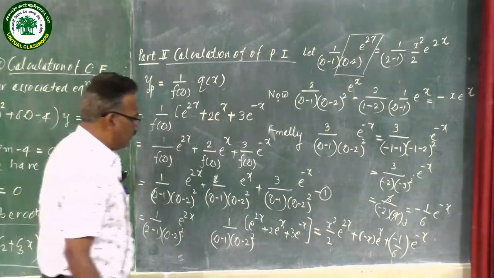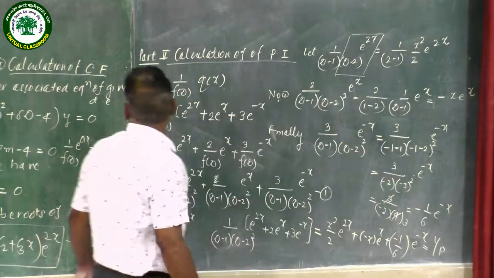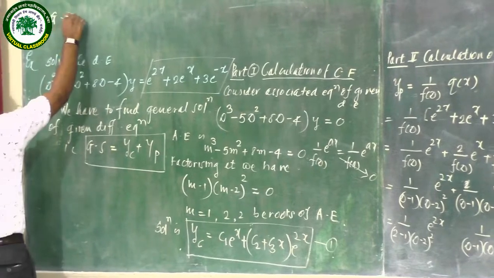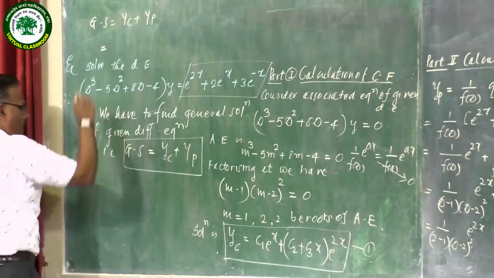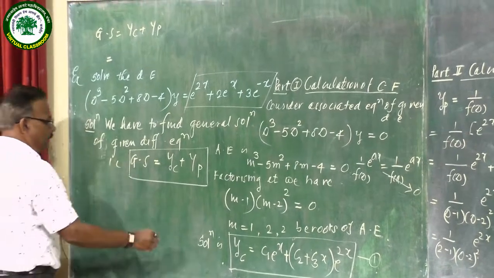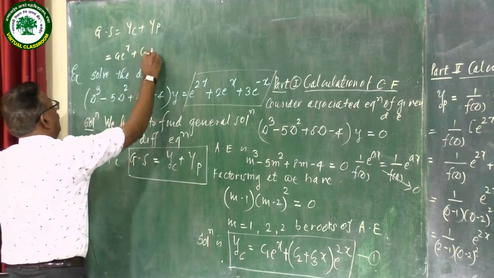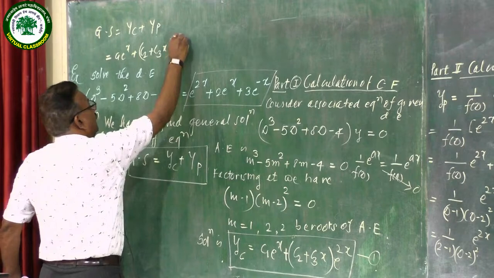This is your yp, the particular integral. Therefore, the general solution of the given differential equation is equal to yc plus yp. What is the complementary function? c1 e raised to x plus (c2 plus c3 x) into e raised to 2x.